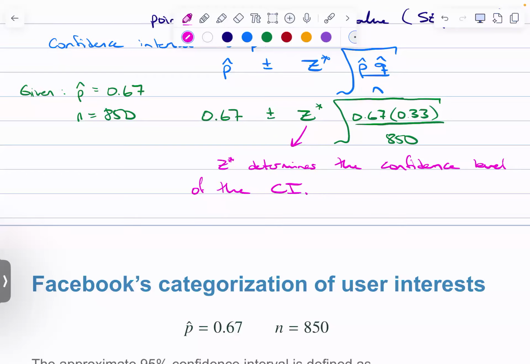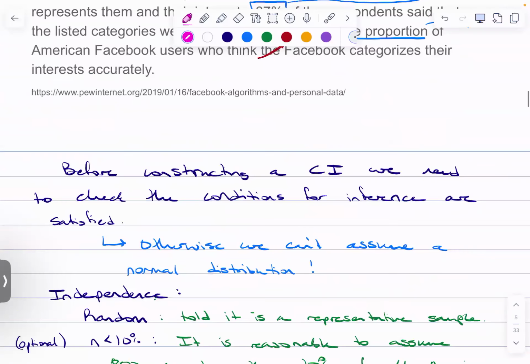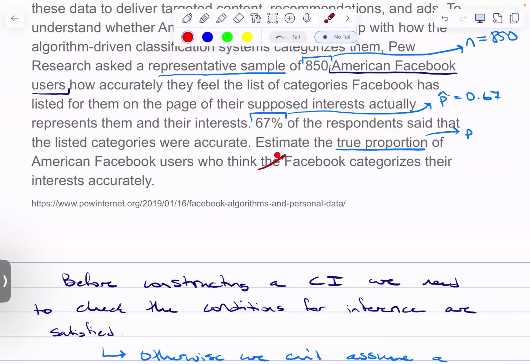Well, now, we were just told to estimate the true proportion, which is P, of American Facebook users who think Facebook categorizes their interests accurately. We're not told to use a specific confidence level, but most of the time, the question would read, construct a 95% confidence interval to estimate the true proportion. And so as a default confidence level, it's 95%.